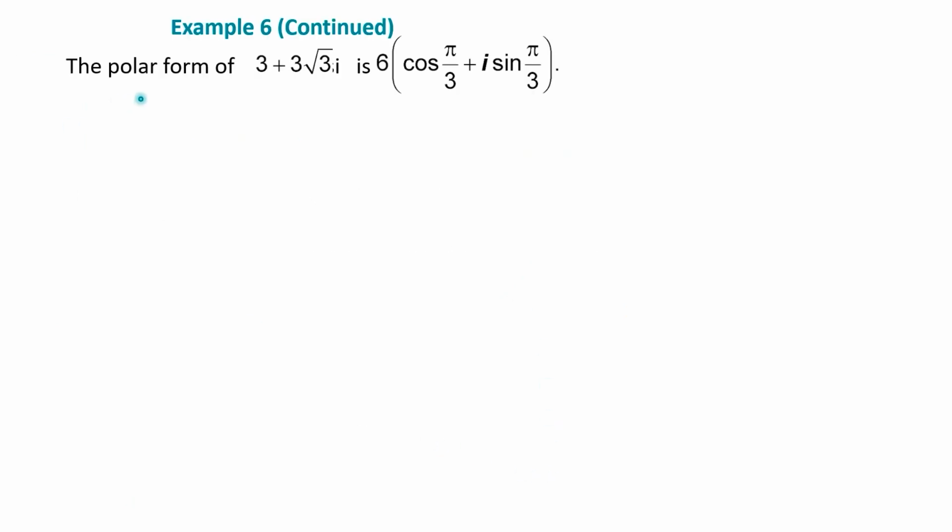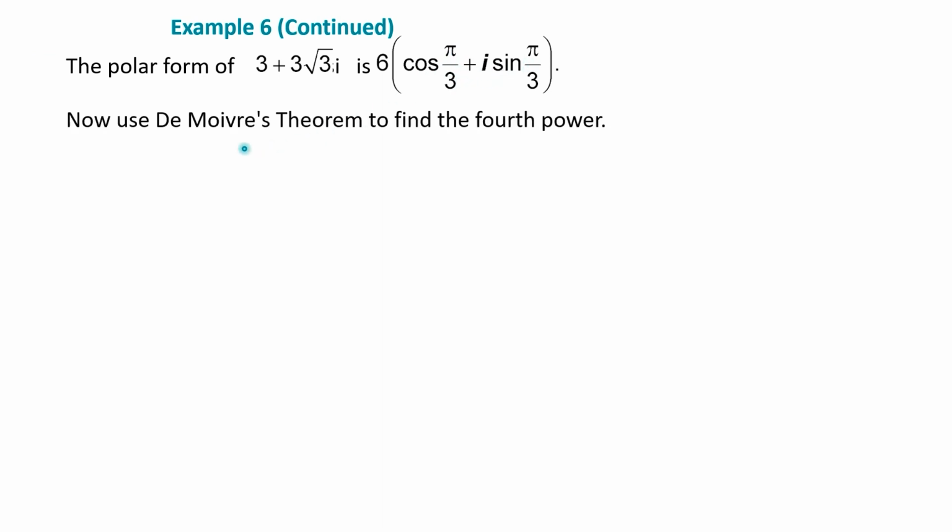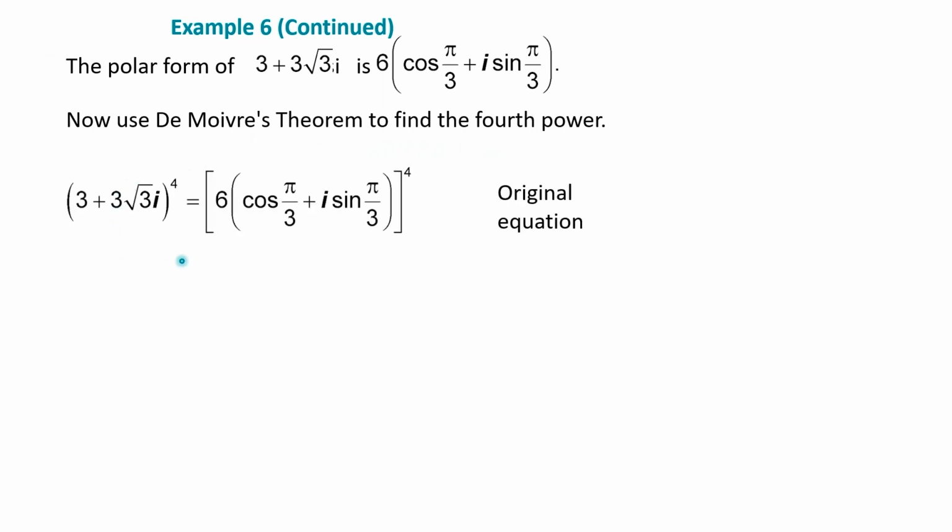So the polar form of 3 plus 3 root 3i is given by 6 times (cos pi by 3 plus i sin pi by 3). Now we use de Moivre's theorem to find the fourth power. In place of 3 plus 3 root 3i, we write the polar form, which is 6 (cos pi by 3 plus i sin pi by 3) whole to the power 4.